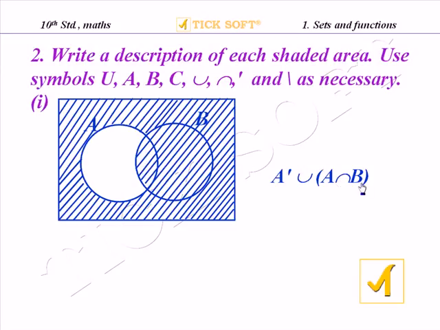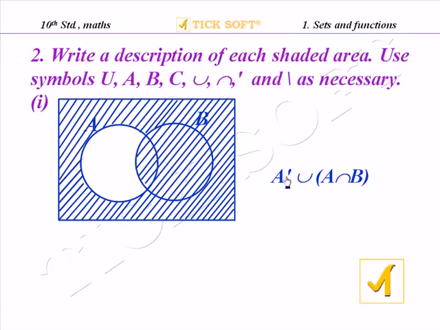Then A dash. If you find A dash, except this A, you have to consider all the parts. That is your A dash. So A dash union A intersection B. A intersection B is this, and then A dash means you have taken all, except this A part.